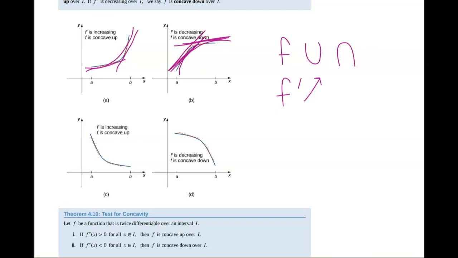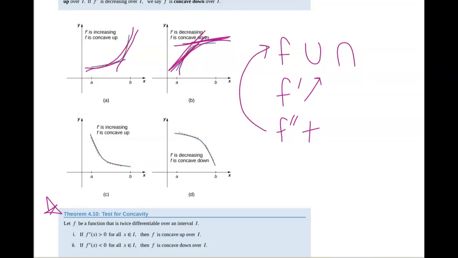Well, I know from before, then its derivative, which would be f prime prime or f double prime, would be positive, right? Because if a function is increasing, its derivative is positive, which means if you look down here on this test for concavity, if a second derivative is positive, then its function must be concave up.